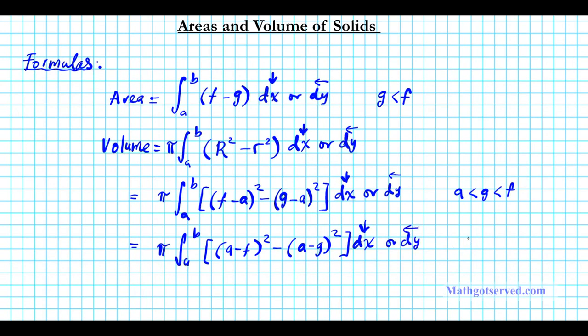This orientation is applicable when f is less than g and g is less than a. It's like a reversal of the order here. Okay, I always like to put f at the end and then put g in the middle and then a at the other end. So this formula is applicable to revolution, solids generated as a result of revolution.